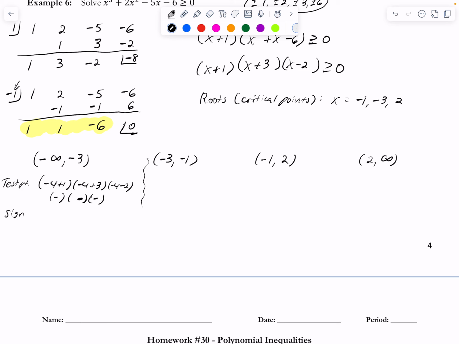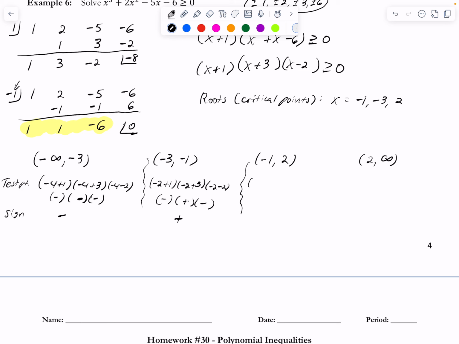An odd number of negatives will still be a negative. All right, let's try -2, which is in between those. So -2 plus 1, -2 plus 3, and -2 minus 2. That's going to be a negative times a positive times a negative. That's an even number of negatives, so that's going to be a positive.